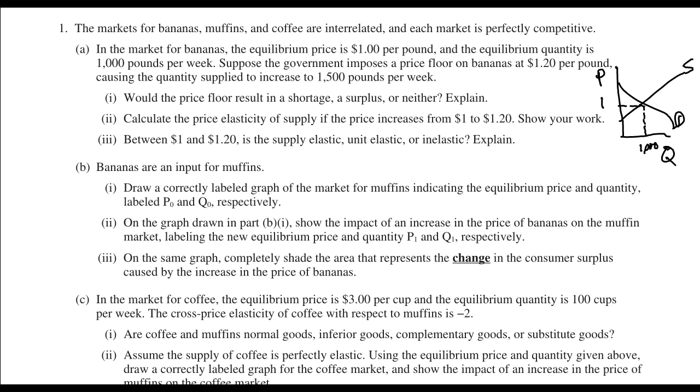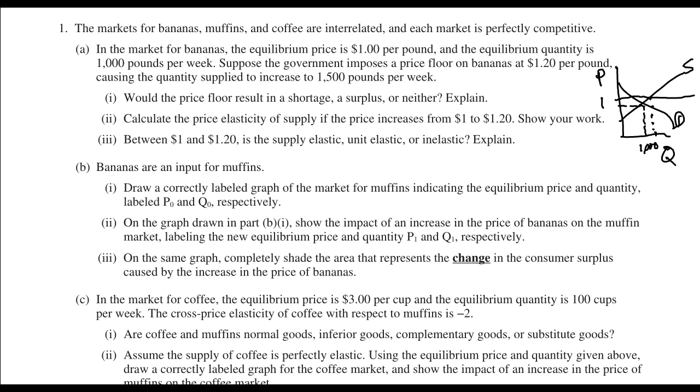Suppose the government imposes a price floor on bananas at $1.20 a pound. Well, that's a price above the equilibrium price, so it will be an effective price floor, causing the quantity supplied to increase to 1,500 pounds. So the quantity supplied at that price is 1,500.